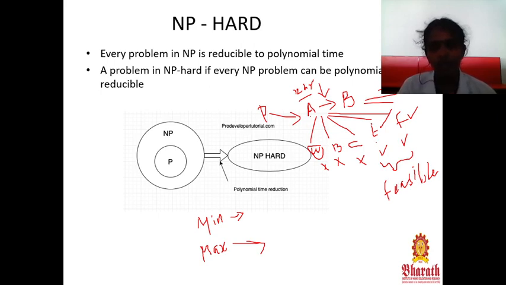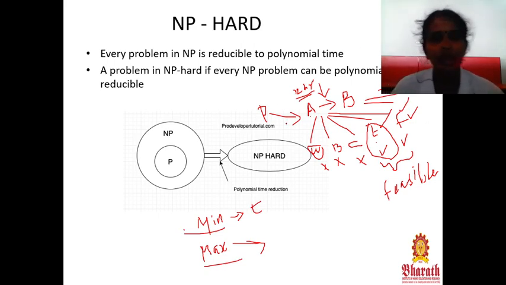Which will be the minimum cost? Obviously, train. So by train we can reach within 12 hours, as well as at minimum cost. So this is the optimal solution at the minimization level. If your question is maximum cost, I have to choose flight. So that is a maximization optimal solution.